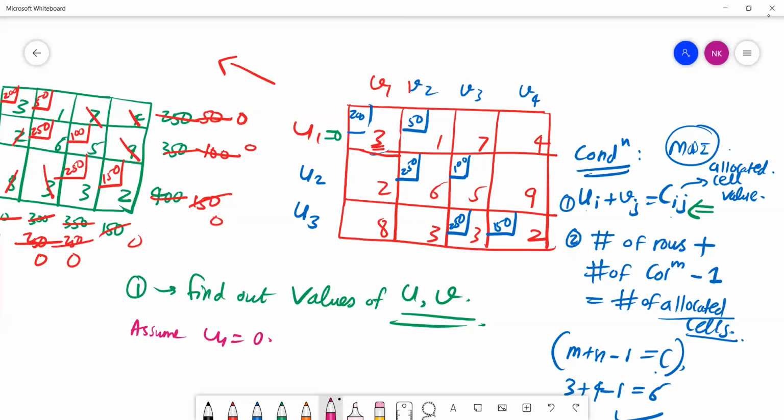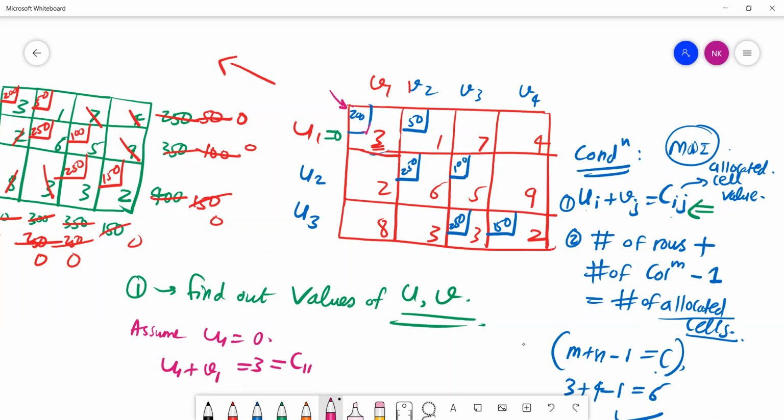Now with reference to U1, the first allocated cell is this cell, that is C11. First row, first column, that is C11, is the first allocated cell. It has the value of 3. It is equal to U1 plus V1.